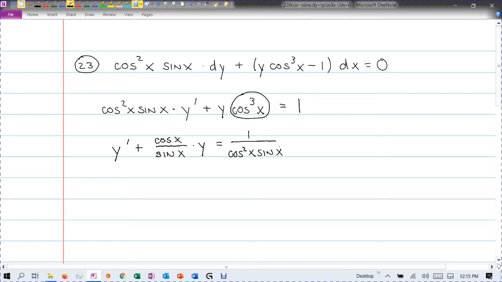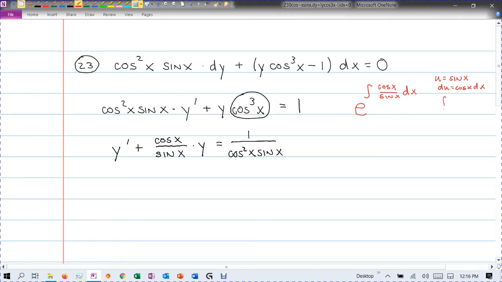Let's go with this. All right, so integrating factor, e to the integral of cosine x over sine x dx. Now that one is just a basic u sub, or you can turn it into cotangent. Look at the formula in the back of the book, but the u sub is just this. So you can see that we have everything we need there.